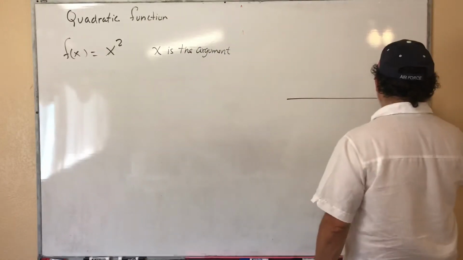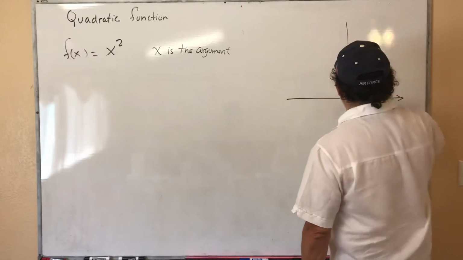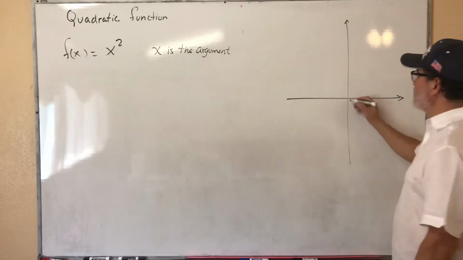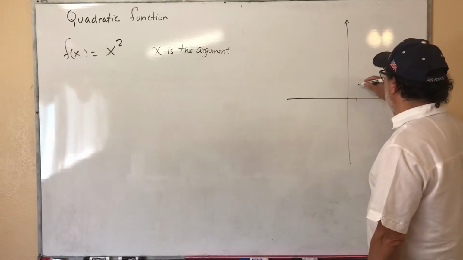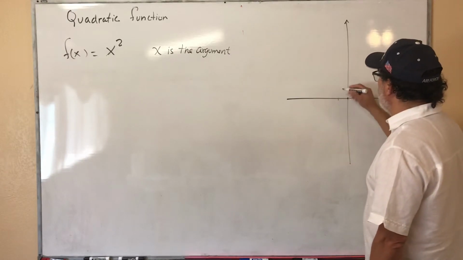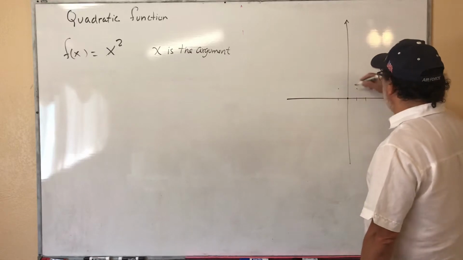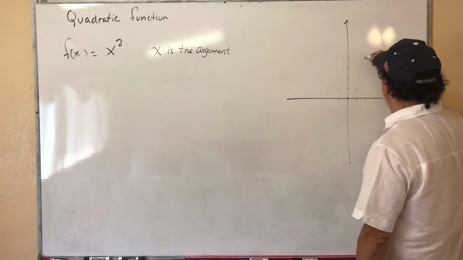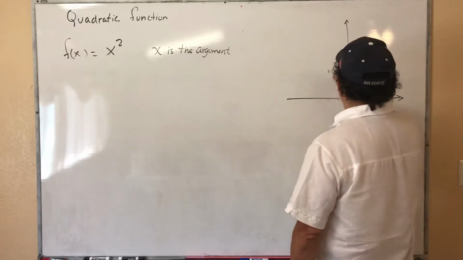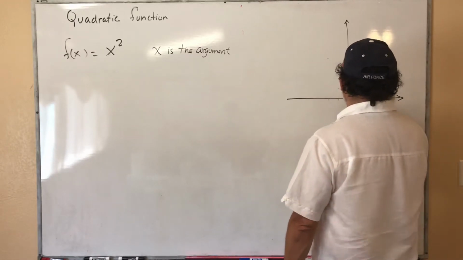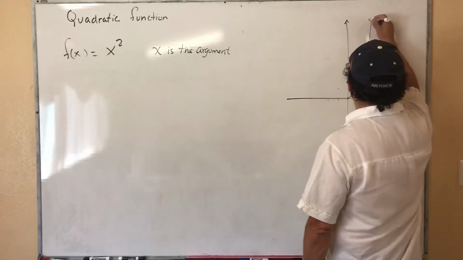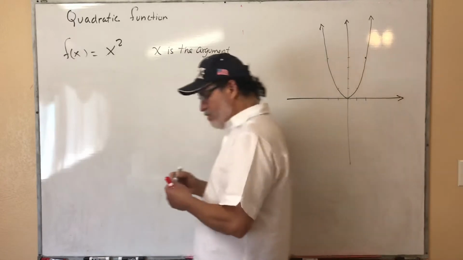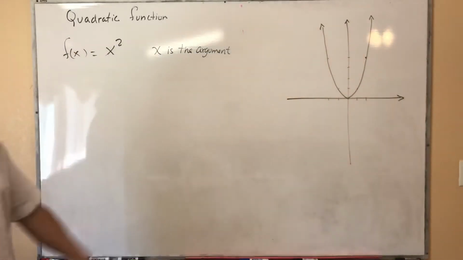So here's x, and here's f of x. And what does the basic parabola look like? Well, the vertex is right there, and then 1, 1, and then negative 1, 1, and then 2, 4, and then negative 2, 4, and then we have this. That's the basic parabola. Don't forget the basic parabola.